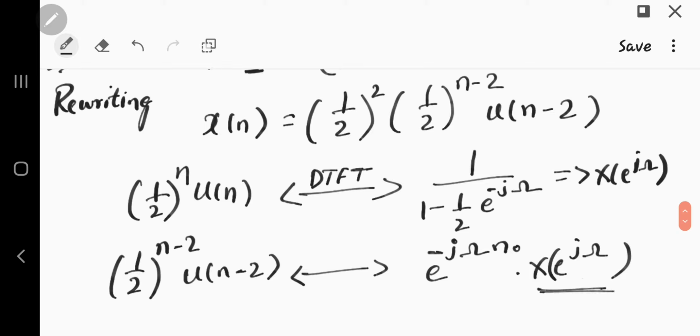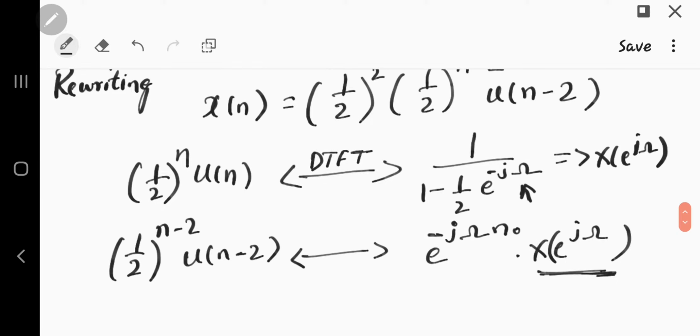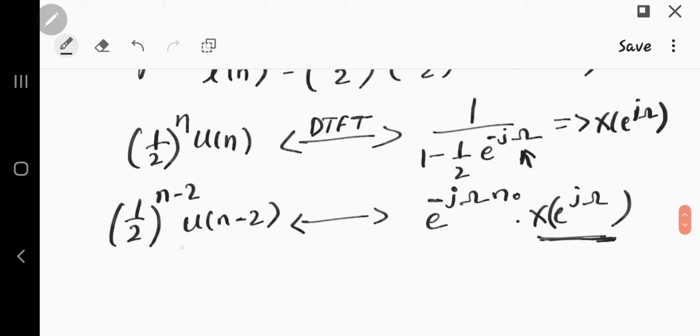Now what is this x of e power j omega? This is nothing but the DTFT of the signal when it is not time shifted. So without performing time shifting, whatever DTFT of the signal you get, that is the x of e power j omega you have to write in this part. That is the meaning of that. That means when the DTFT of (1/2)^(n minus 2) u of n minus 2 is performed, using the time shifting property we can write the expression. So how? Let's say this.